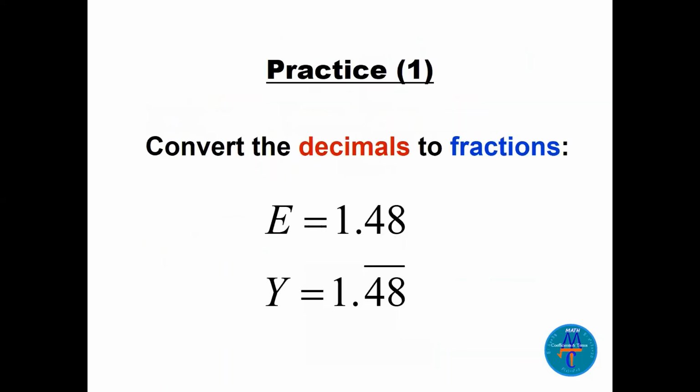Now, usually I put here some practice questions for you to do. Convert the decimals to fractions. Very nice numbers. Look at the numbers here, 1.48 and 1.48 repeating. So what is the difference? In E, it is terminated. There is no repeated part. You can see question number 1. Y equals 1.484848, repeated two times.